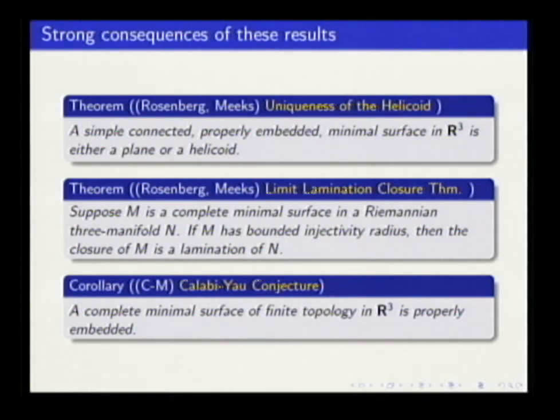That closure point's in a limit leaf. In R3, that limit leaf has to be a plane, and you can argue from that, again using the one-sided curvature estimate and the argument that I understand, to show that you get a contradiction. So this is really strong stuff.